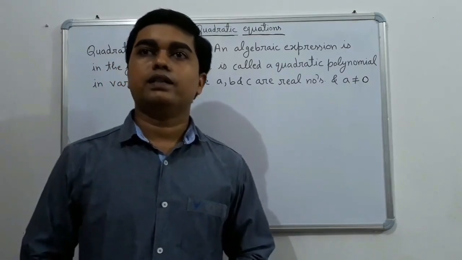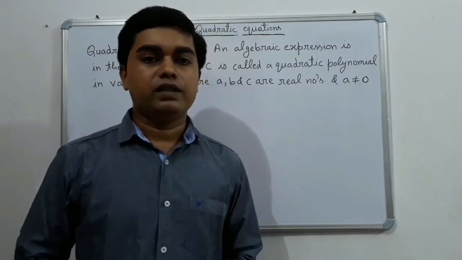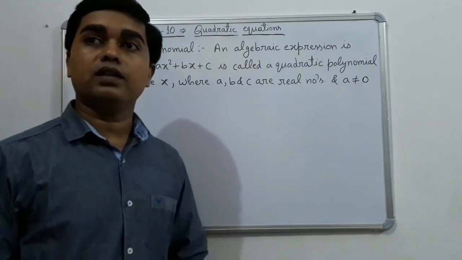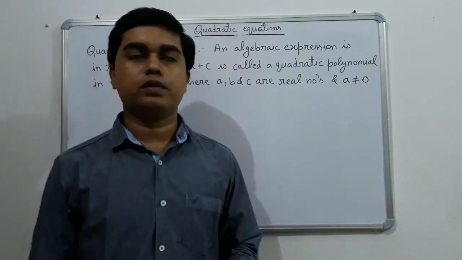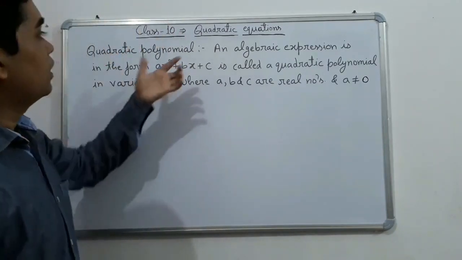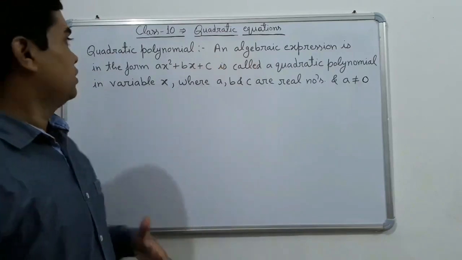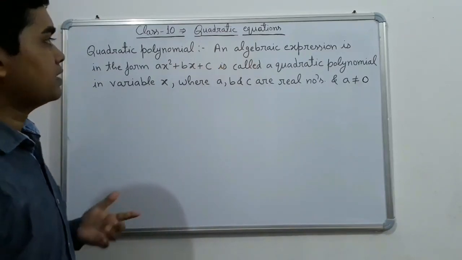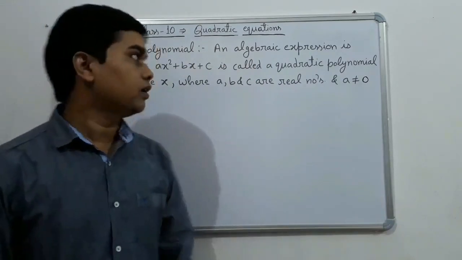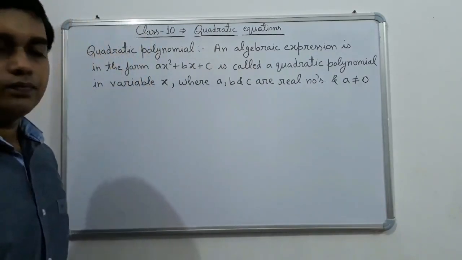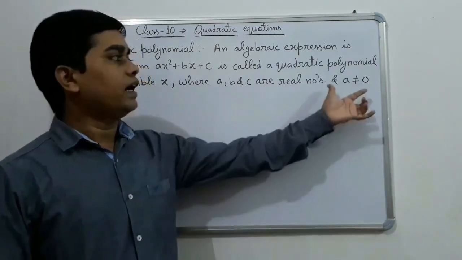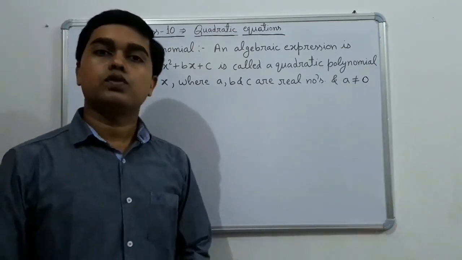So before starting the quadratic equation, I will tell you about quadratic polynomial. So what is quadratic polynomial? That we have discussed in chapter 2, but once more time. An algebraic expression in the form ax square plus bx plus c is called a quadratic polynomial in variable x, where a, b, c are real numbers and a should not equal to 0.